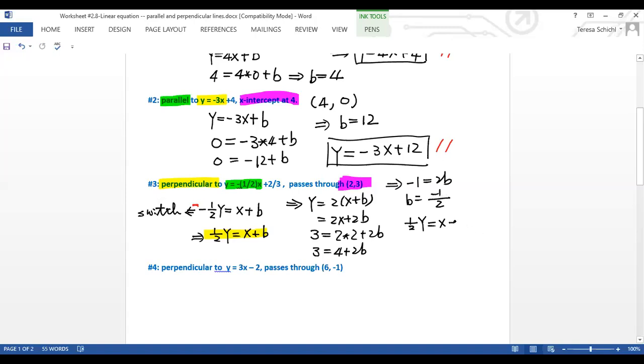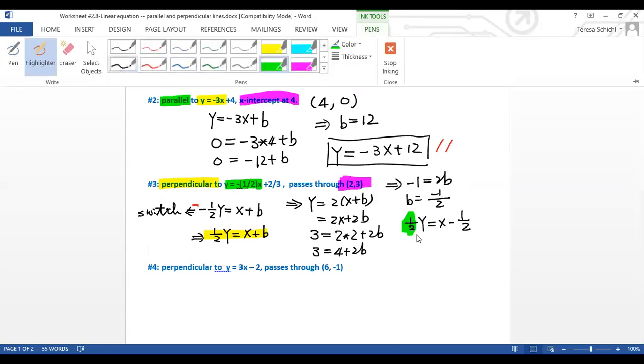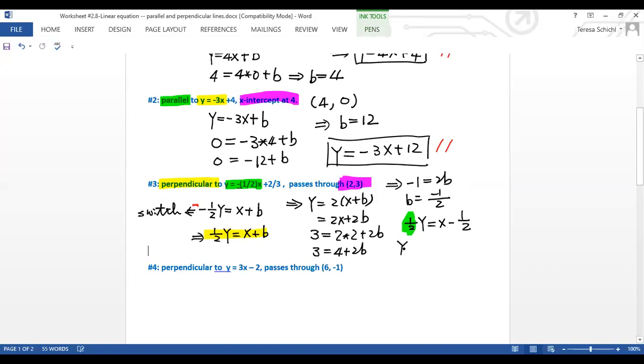So the minus 1/2. But this is not the slope-intercept form, so I need to times 2 to become the slope-intercept form. So this will be y equal to 2x minus 1/2, right? So you times 2 both sides. So what is the final answer? It's y equal to 2x minus 1.